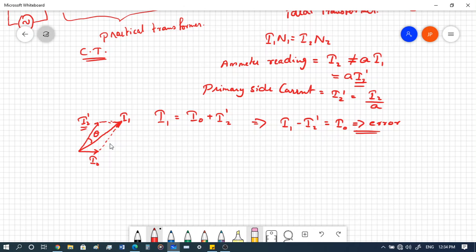So definitely there is a magnitude error or a ratio error. The magnitude of I1 is not equal to I2, which means there is a ratio error.